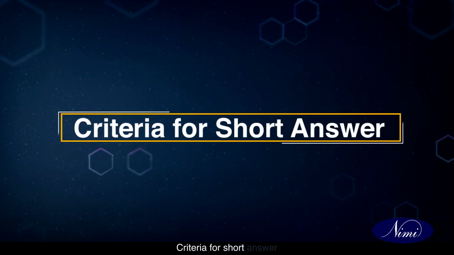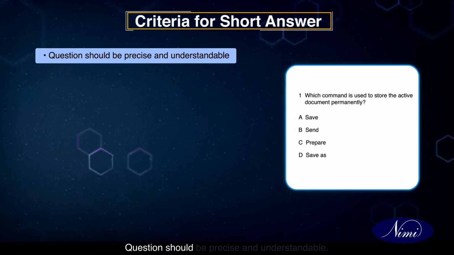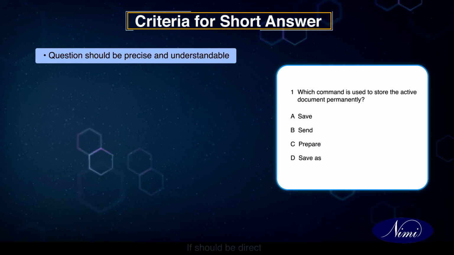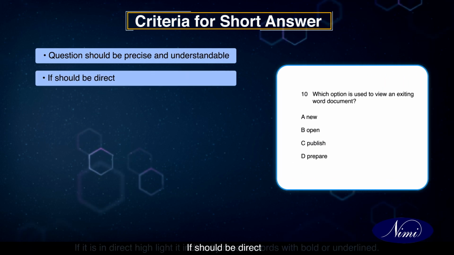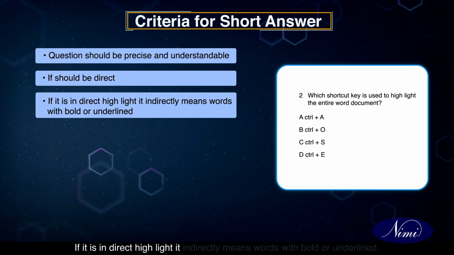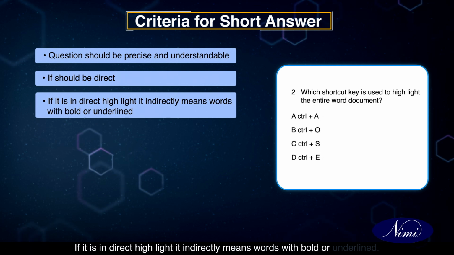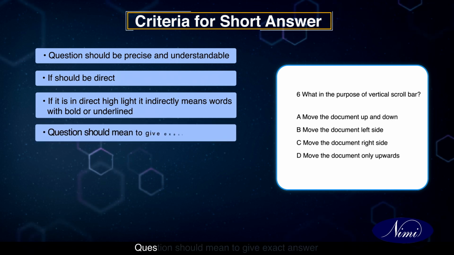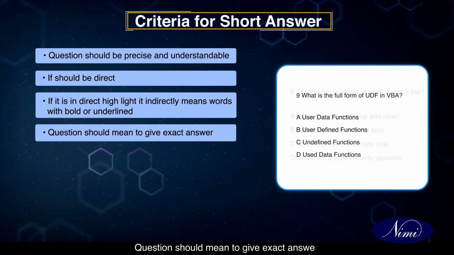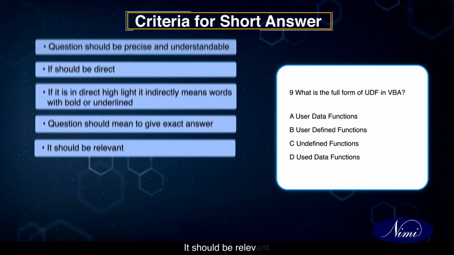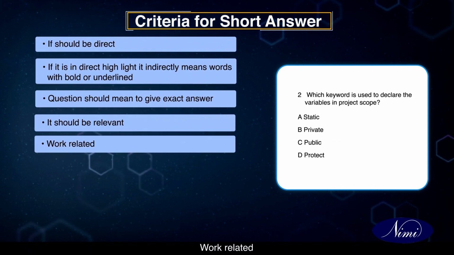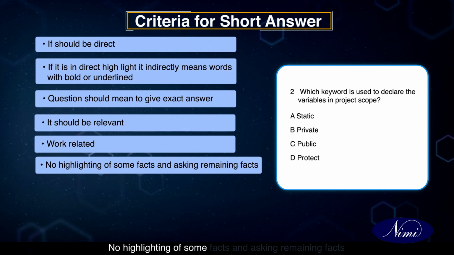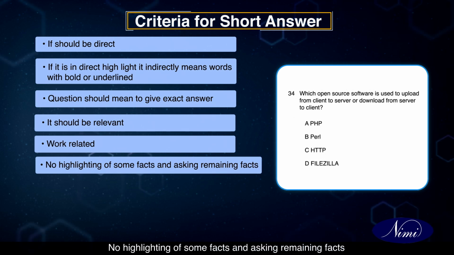Criteria for short answer. Question should be precise and understandable. It should be direct. If it is indirect, highlight the indirect words with bold or underline. Question should be meant to give an exact answer. It should be relevant, work related. No highlighting of some facts and asking for the remaining facts.